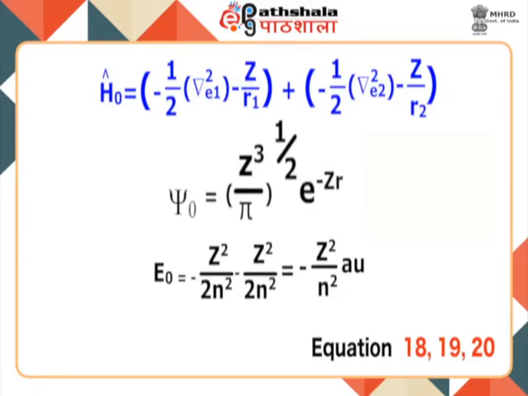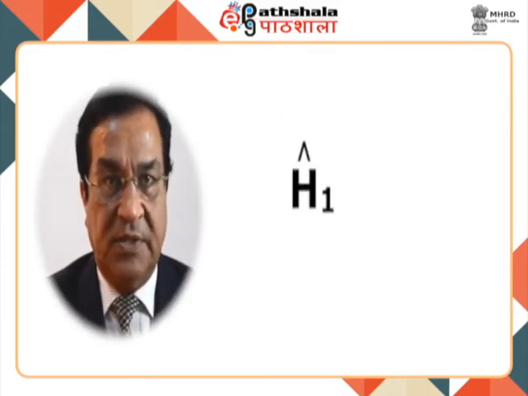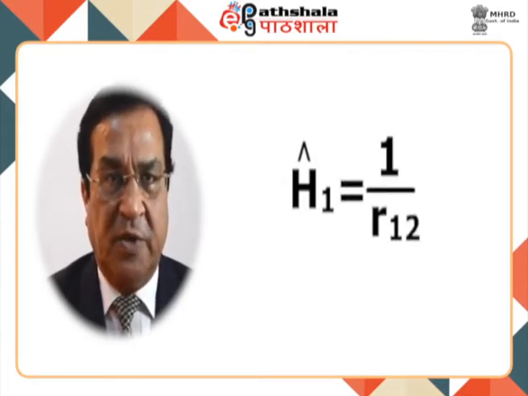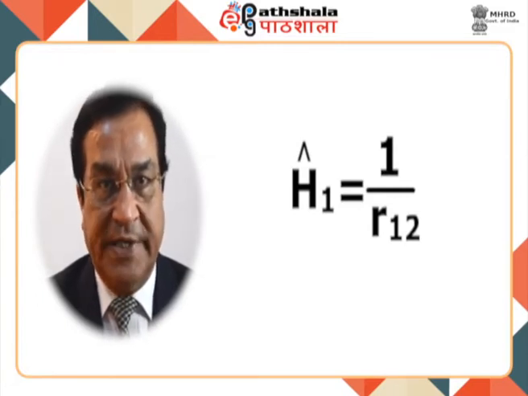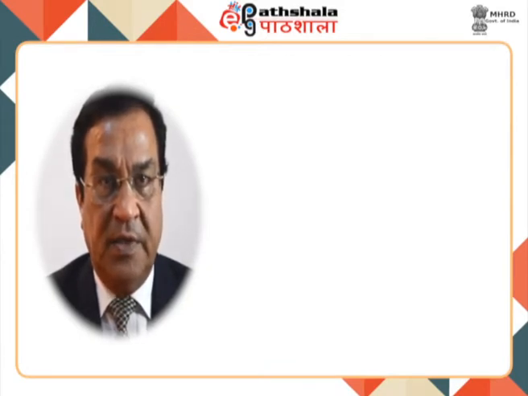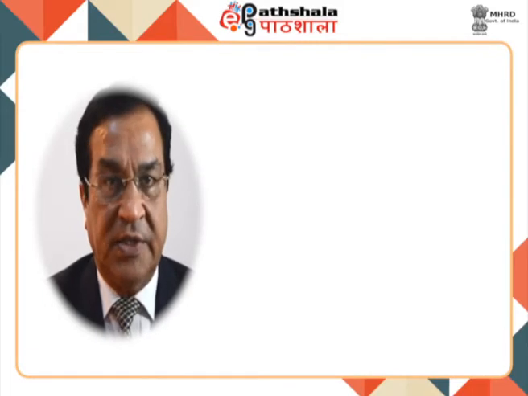Ultimately you can see that the perturbed Hamiltonian, if we take it in atomic units, just becomes 1 upon r12. This is because the electronic charge in atomic units is taken to be unity. Now with this perturbed Hamiltonian, we can apply the first order perturbation theory to calculate the first order correction to the energy for the case of the helium atom.